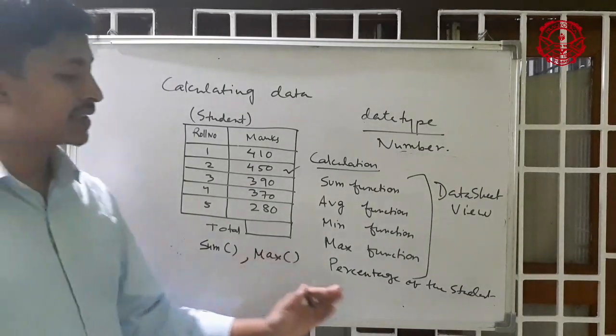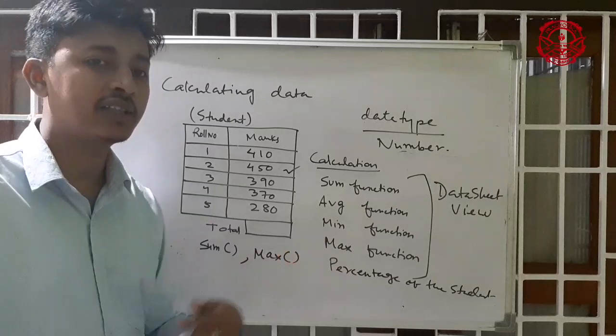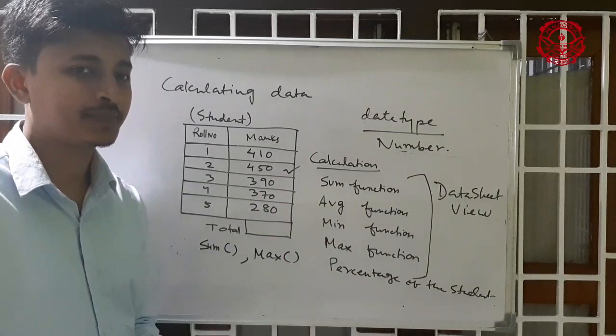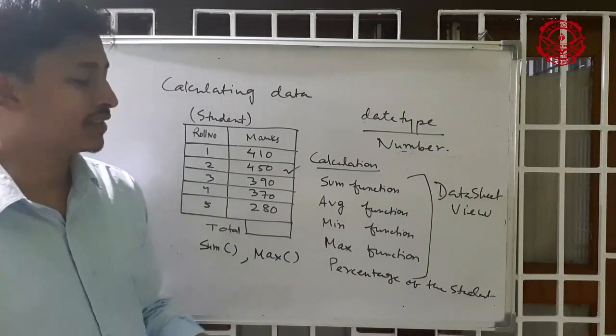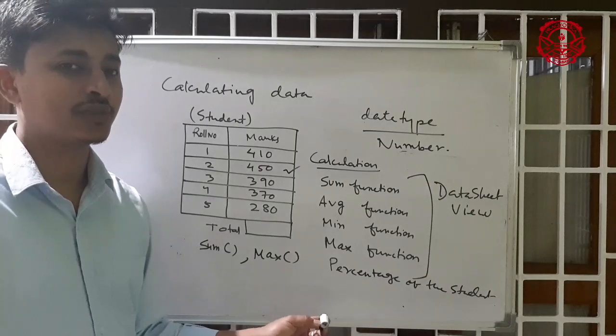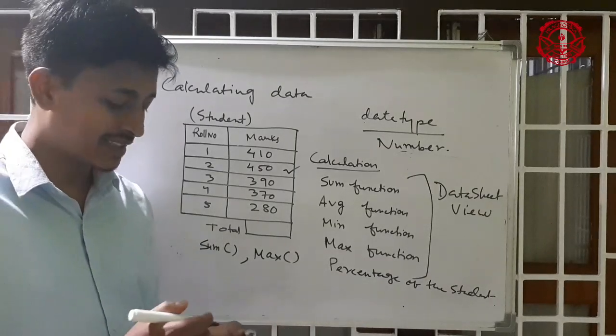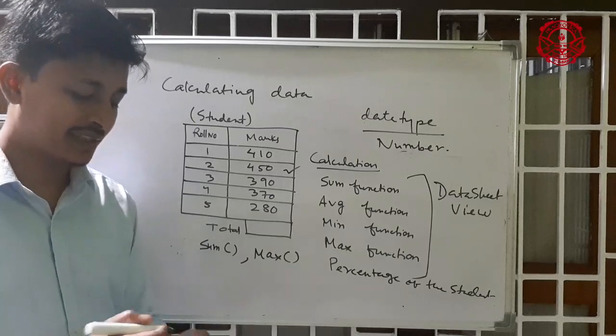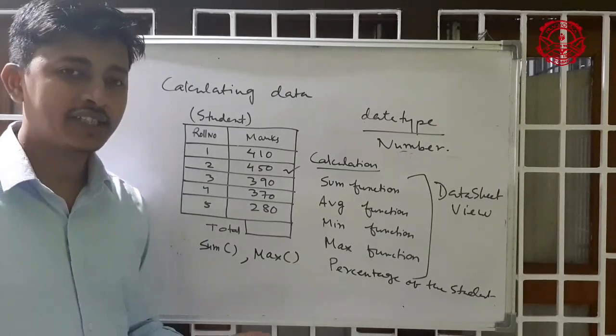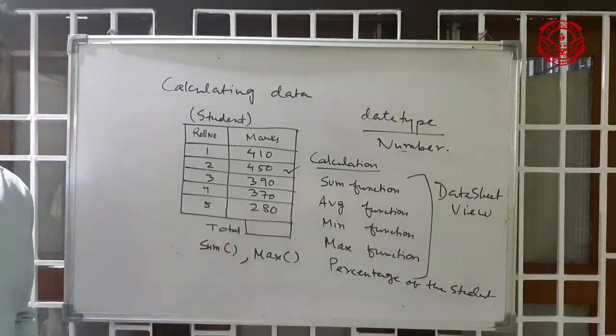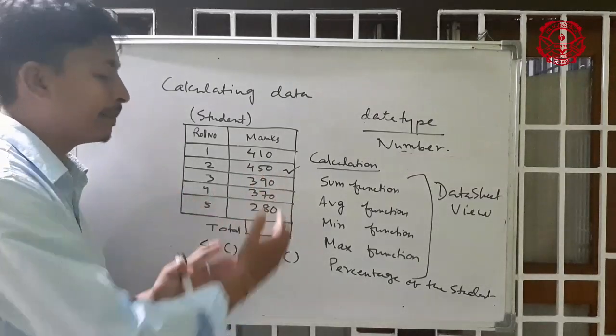Actually this percentage thing will be done in a query. In a query you can create the percentage also. So I will discuss this in the next chapter. This is the query chapter. This is a very interesting chapter, but now in this session you learn how to calculate the basic things.